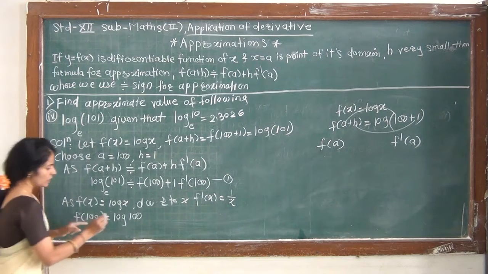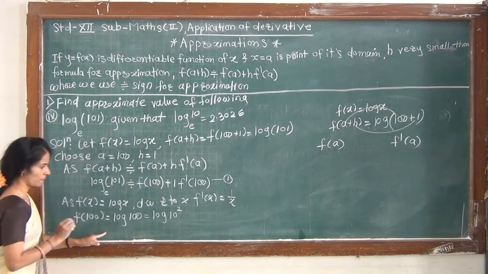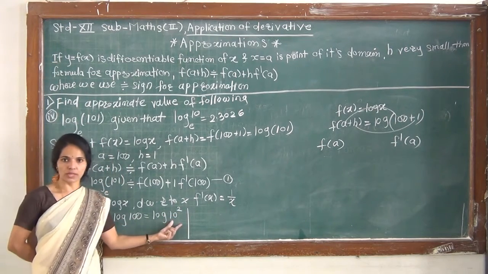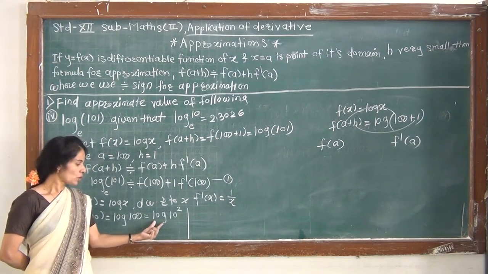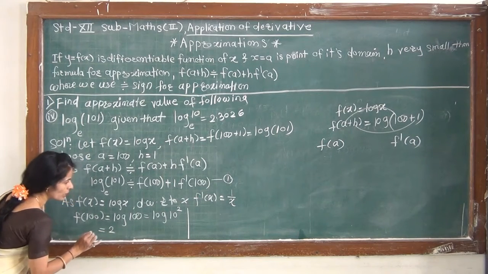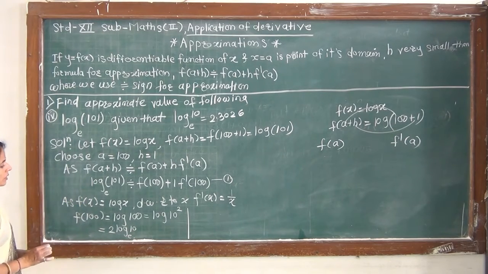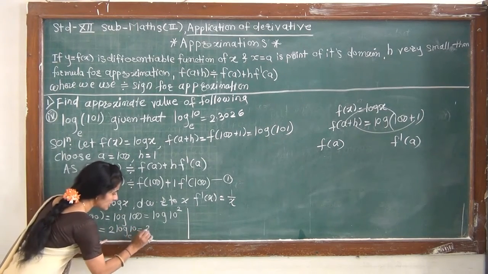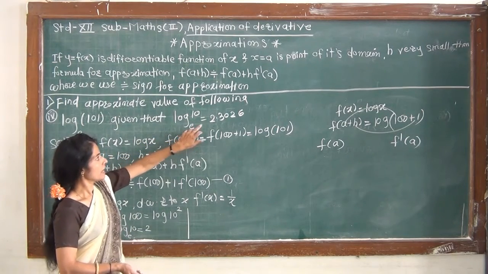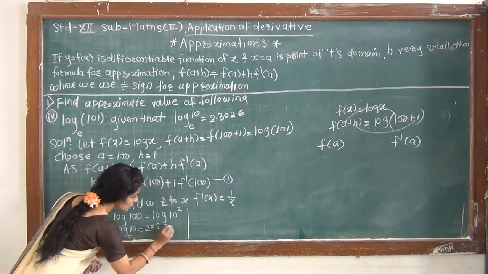Log of 100 is log of 10 raised to 2. Now if we use the exponent rule, log of 10 raised to 2 is 2 into log of 10 to the base e. So 2 as it is, and log of 10 to the base e is 2.3026.